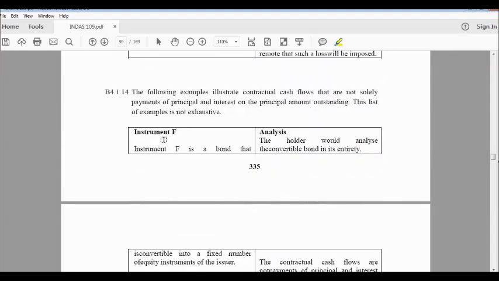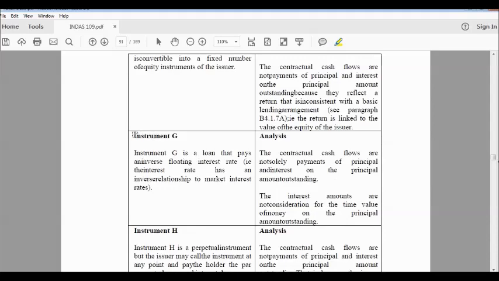Instrument G is a loan that pays an inverse floating rate interest, that is, an interest rate that has an inverse relationship to the market interest rate. So it is a loan that pays you an inverse floating interest rate, which is totally different from the market interest rate.